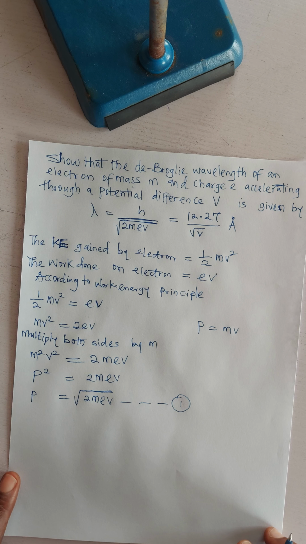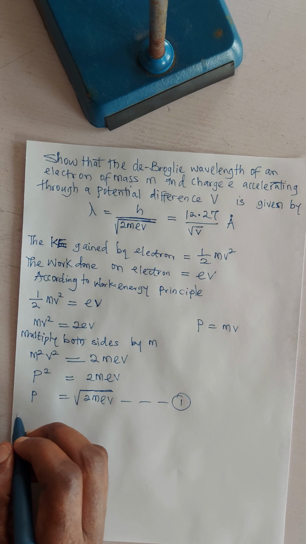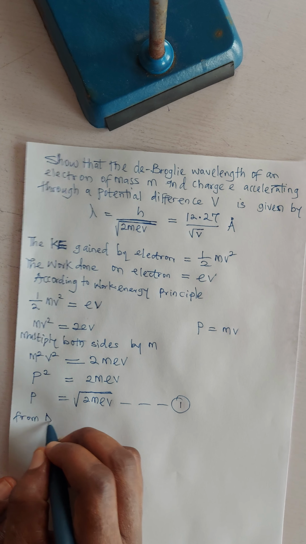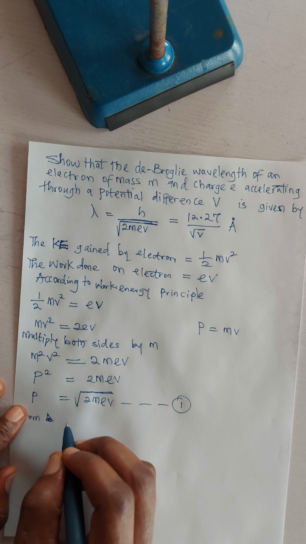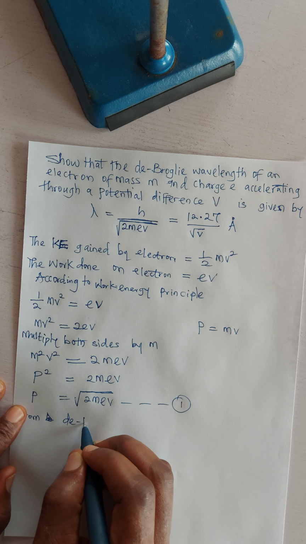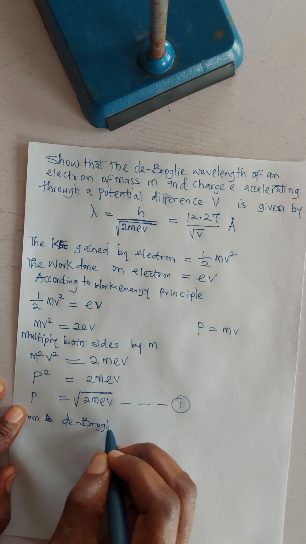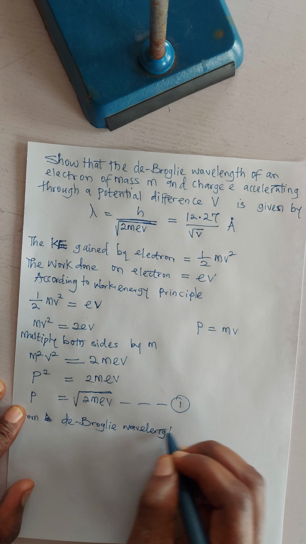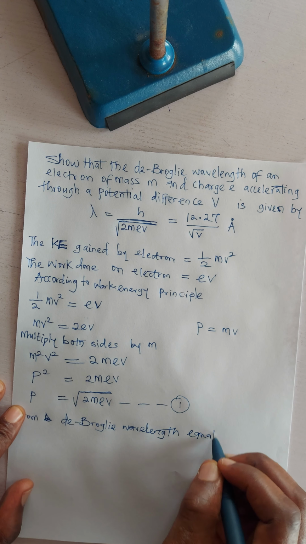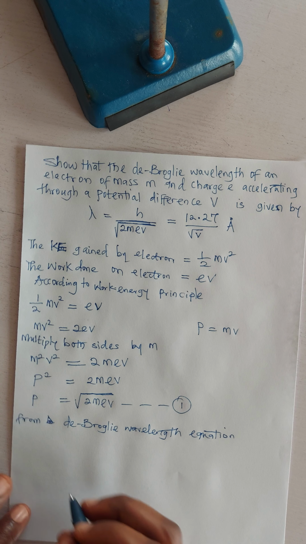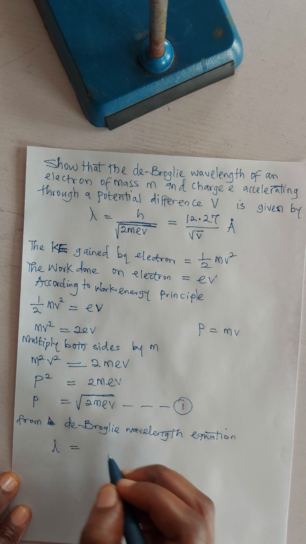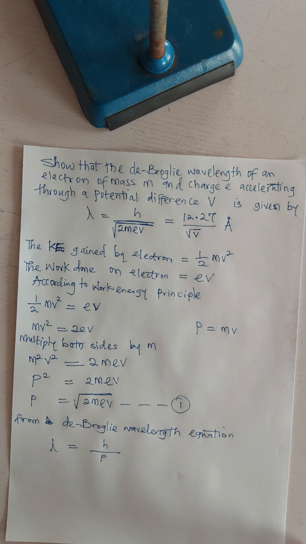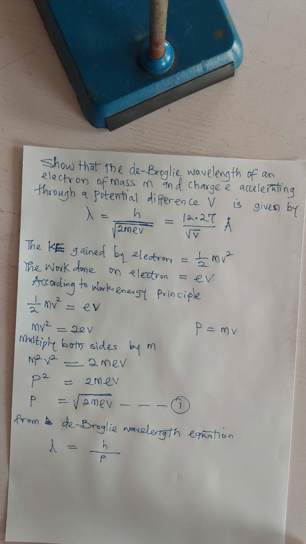Now let's write out the de Broglie wavelength equation from de Broglie, which says that lambda is equal to h over p. This is the equation for de Broglie wavelength.